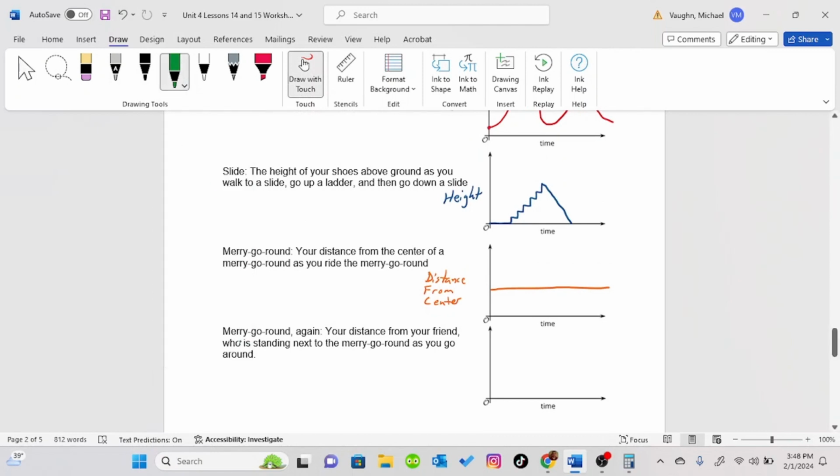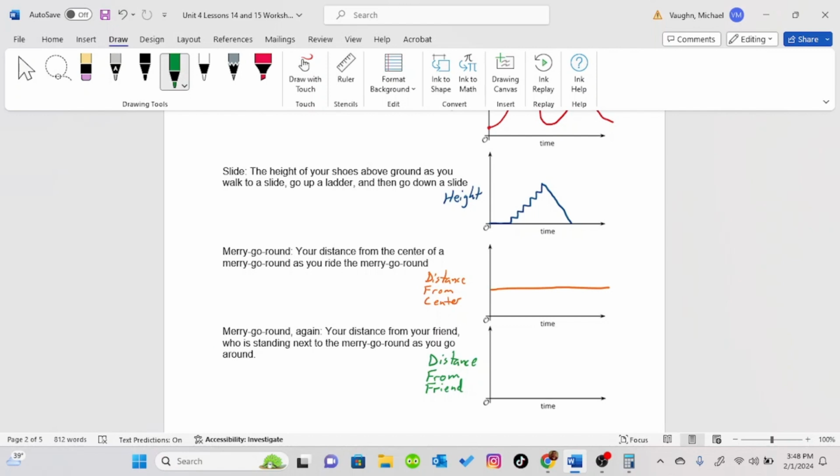And finally, number 4 here, we're talking about a merry-go-round again, but this time we're tracking your distance from your friend who is standing next to the merry-go-round as you go around. So this time when we label our y-axis, it's going to be distance from friend.